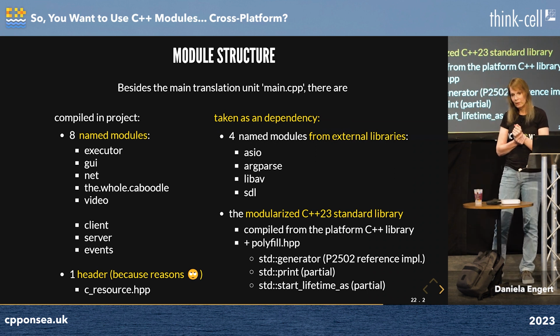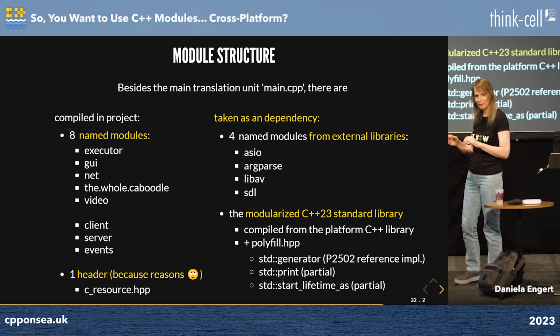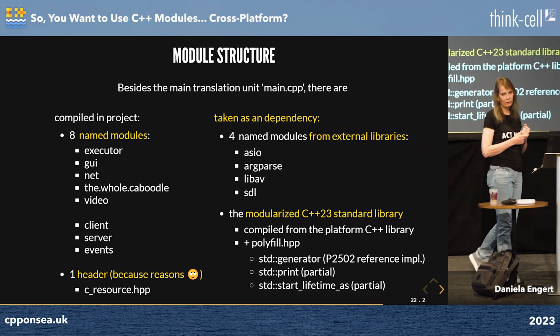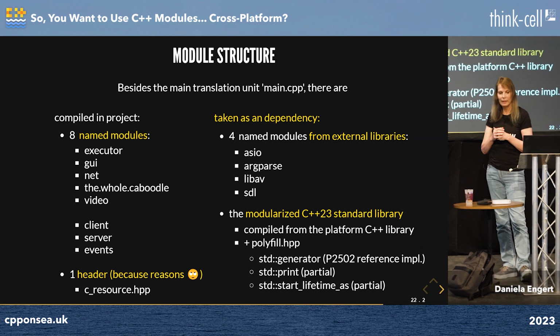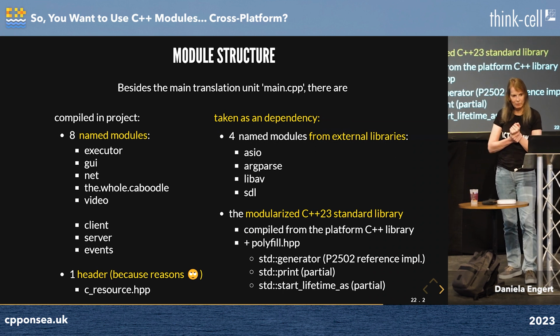You have to compile it for yourself because BMIs have to match. I'm pretty sure all implementations will require that you compile the modularized standard library out of the existing header files from your library.